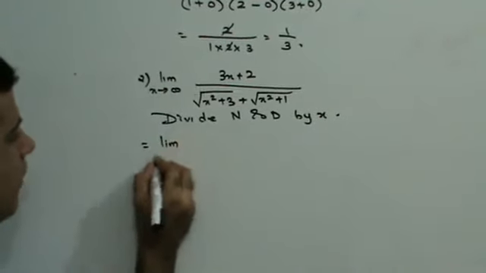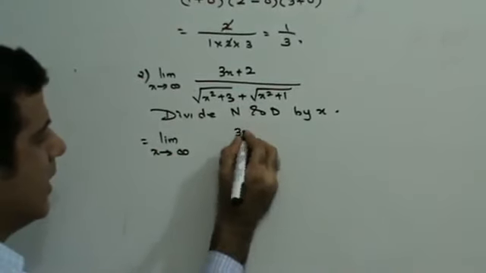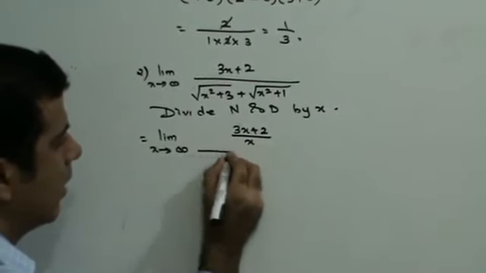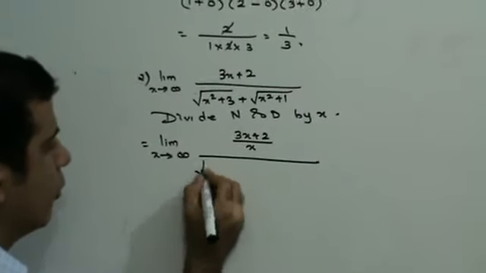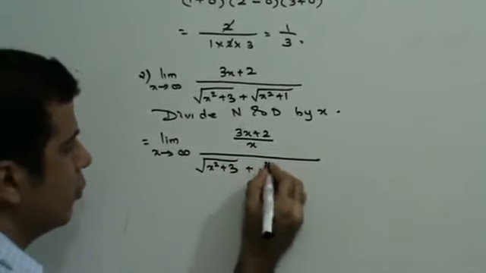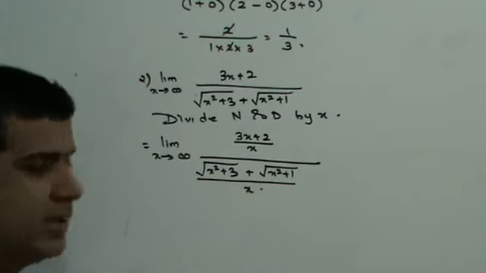So limit of x tends to infinity, (3x plus 2) divided by x upon (root of x square plus 3) divided by x plus (root of x square plus 1) divided by x.